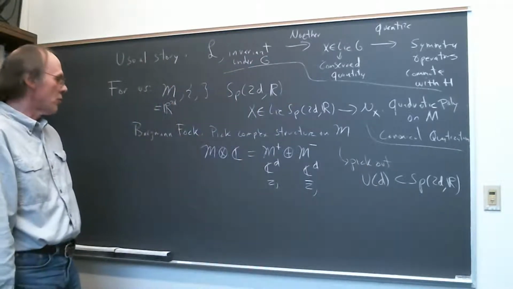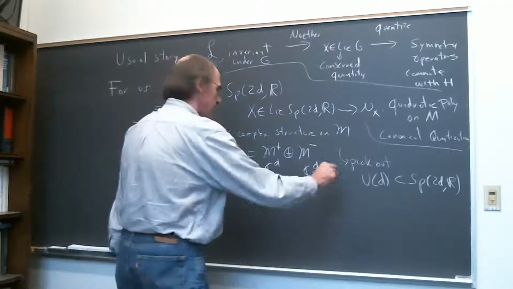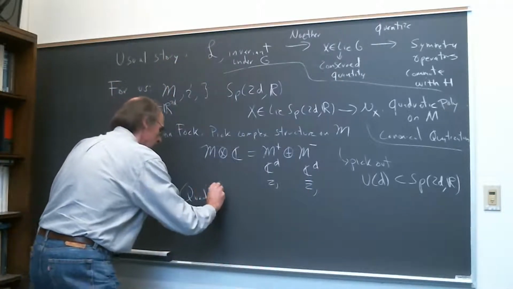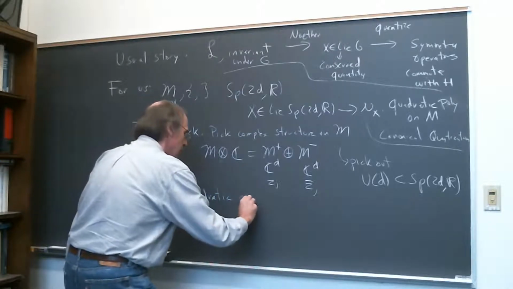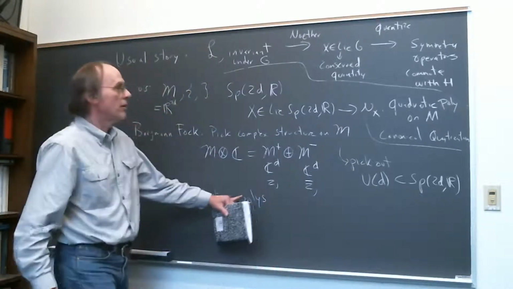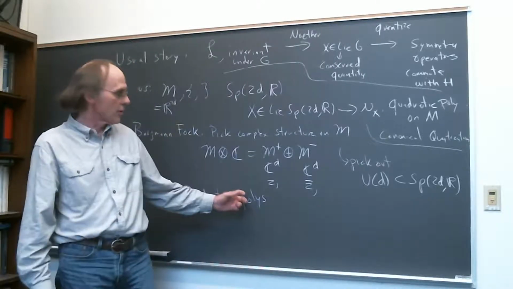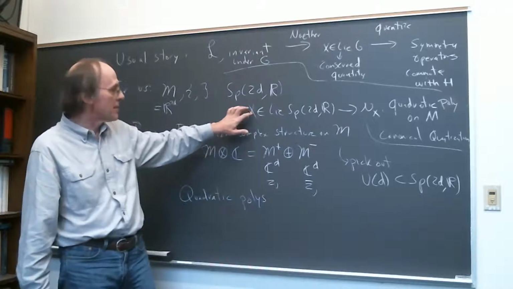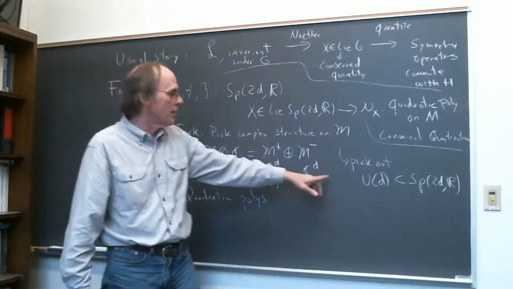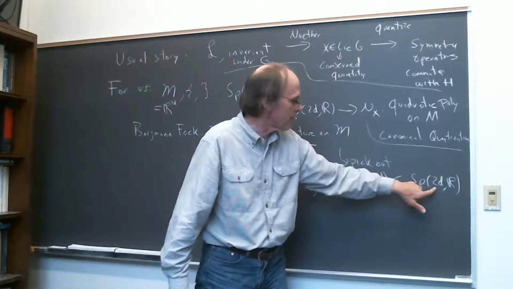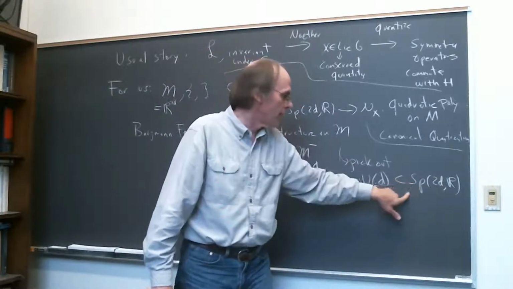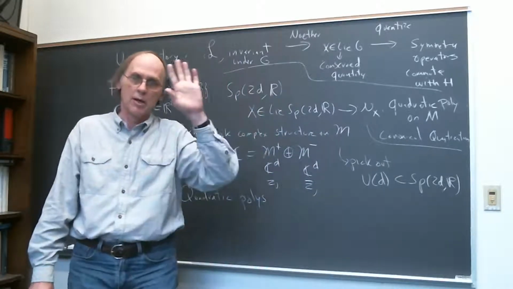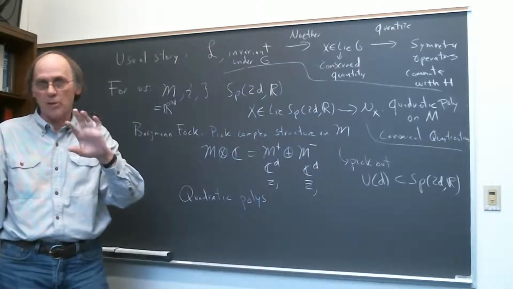Okay, and so what we're interested in is the quadratic polynomials. We're going to have the same kind of situation: the moment map is going to tell us that for any subgroup of here, for each element of the Lie algebra, it's going to give us a quadratic polynomial.